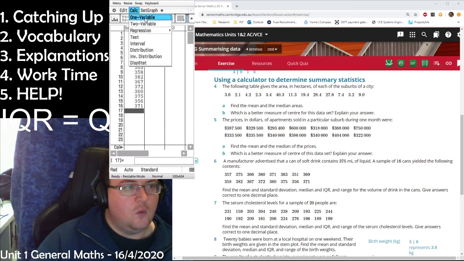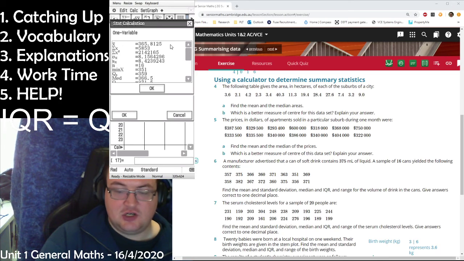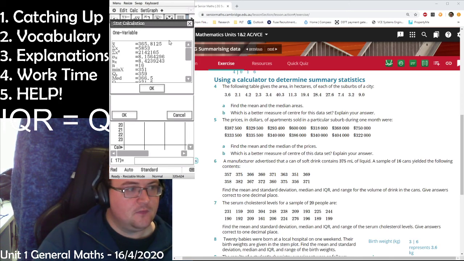So calc, one variable, and it brings up this data set here. The first one there, x-bar, is your average. So they're advertising it as being 375 milliliters of liquid. However, our data shows that it's actually only 365 for this sample of cans.